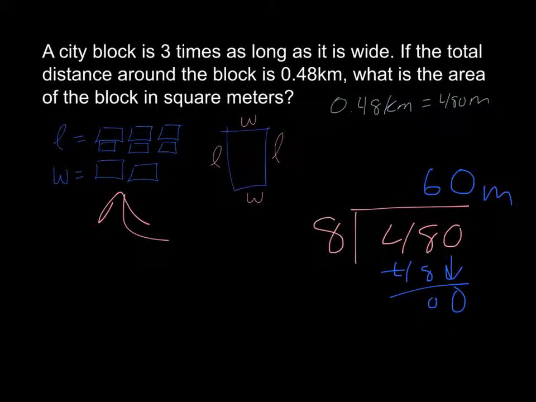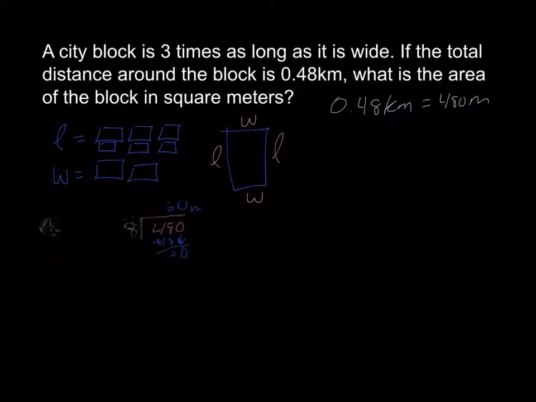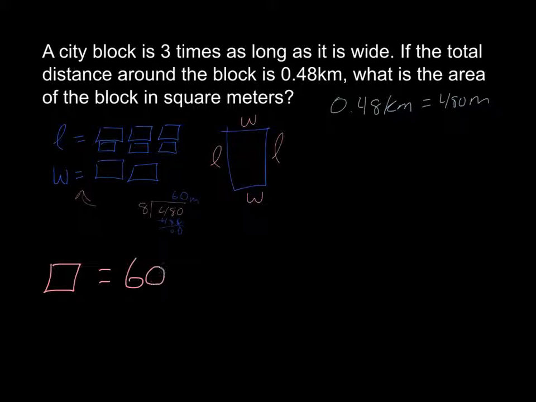What I then need to do is determine the length and the width of this block. Okay, looking back at the illustration that I have, I said that the width is 1 of these and the length of one side is 3. So what I'm going to do is I'm going to say that each cube is equal to 60 meters.